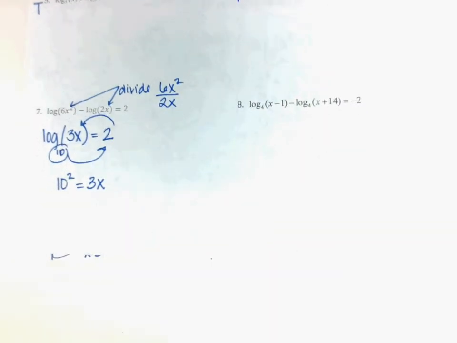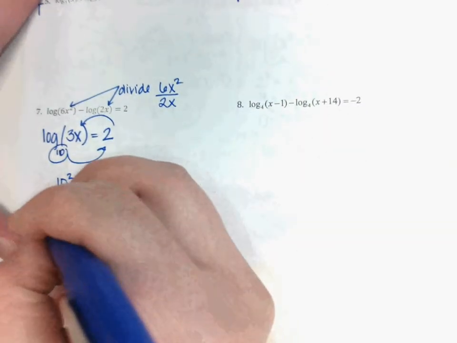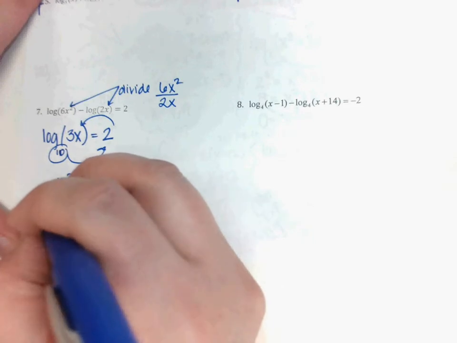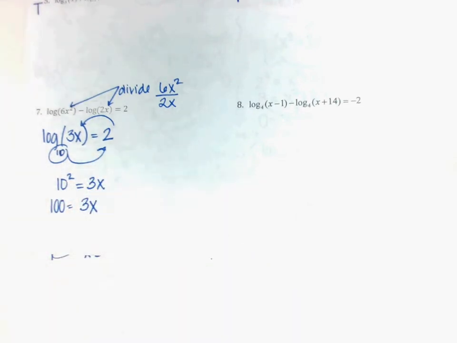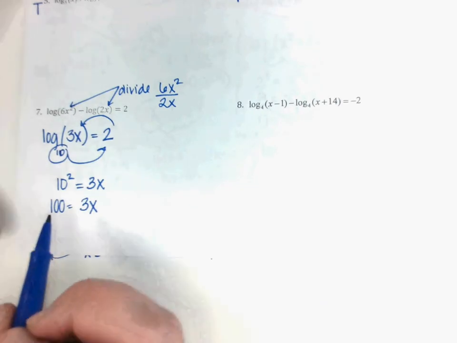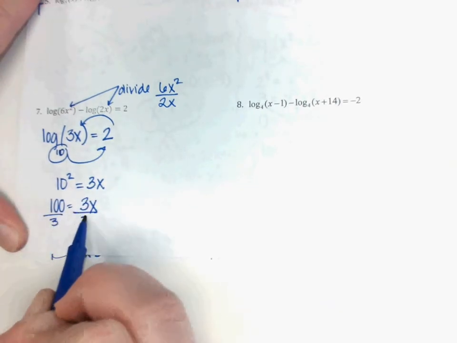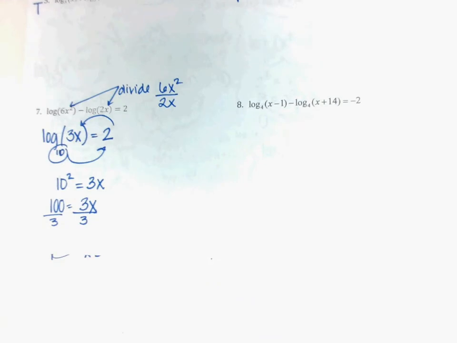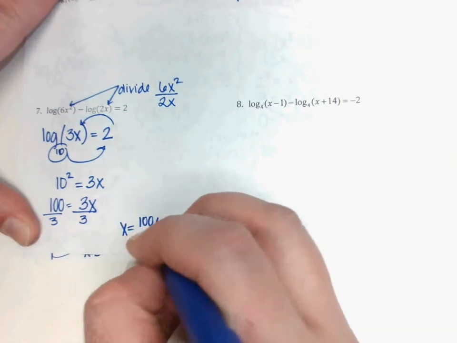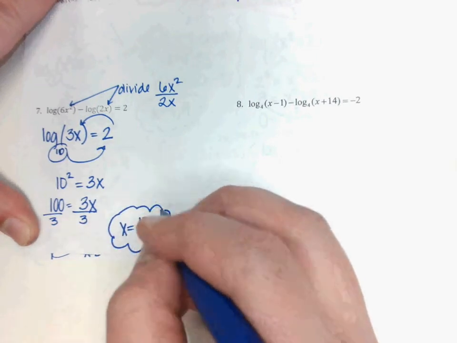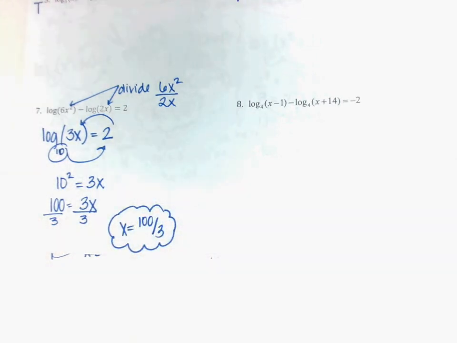What would you do from there? 10 squared is 100. Good. And then if 100 equals 3x, what's your last step? And then 100 doesn't divide evenly by 3, so you can just leave it like that. Or divide it out in the calculator if you like that better. Make sense? Okay. Good job.